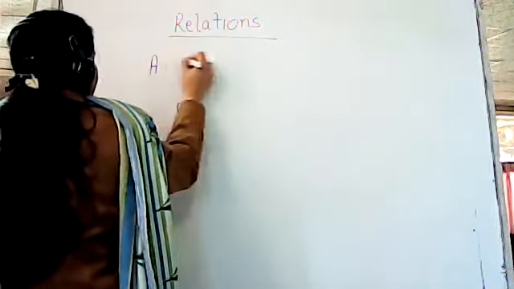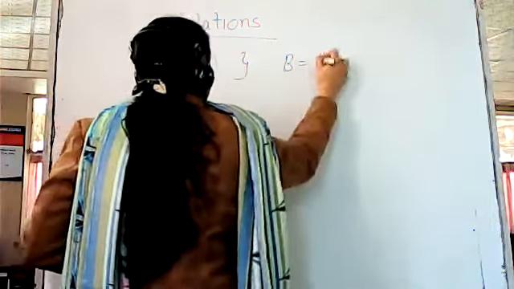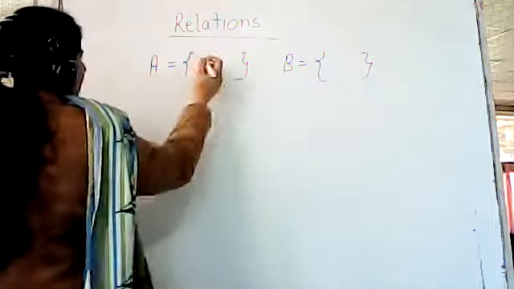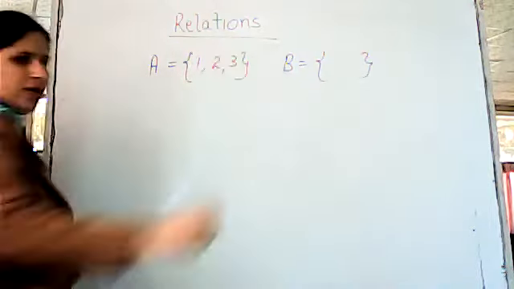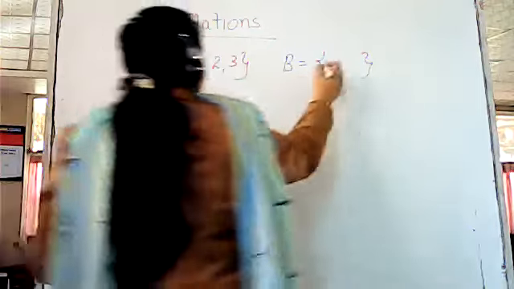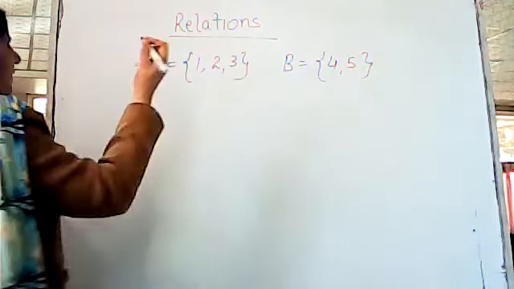If A and B are two sets, suppose the set A has elements 1, 2, 3 and the set B consists of two elements, that is 4, 5. Then how can we define the relation?